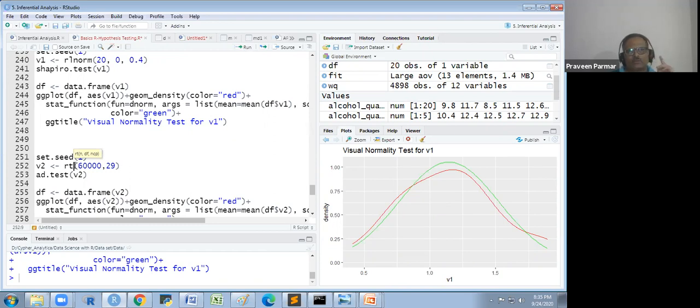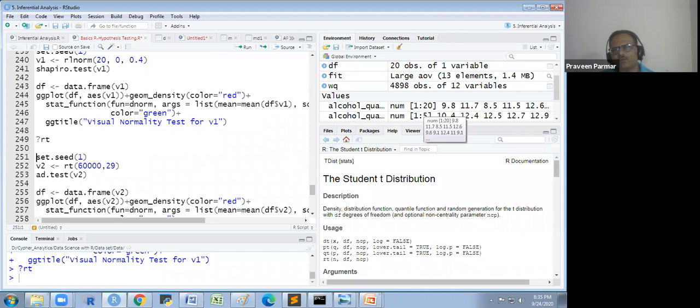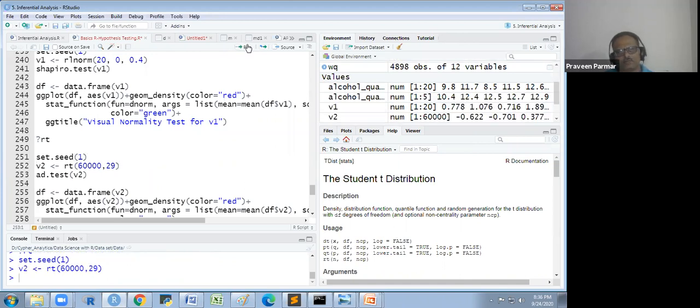It is the T distribution I am taking. I'll show you the rt. Student T distribution is that. So I'll just run this. And I am taking the Anderson-Darling test.